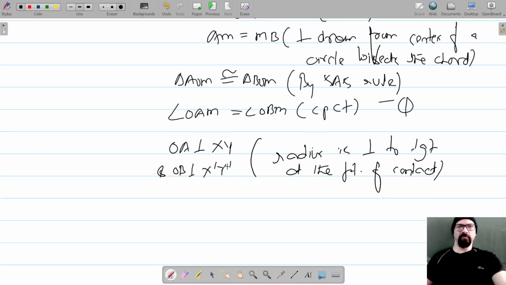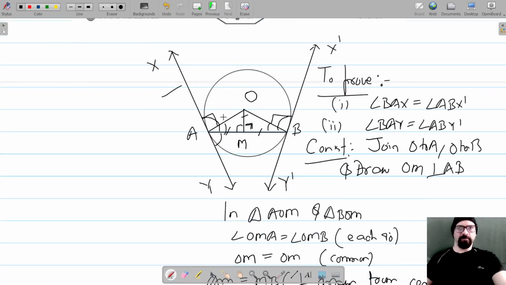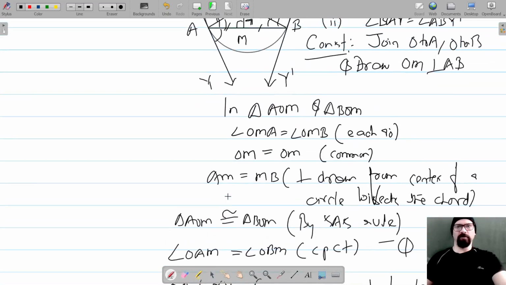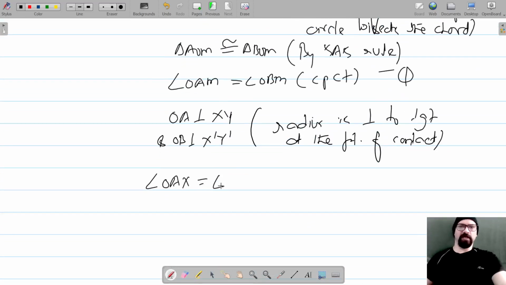Let this be our result 2. Okay, and these are perpendicular, so that means angle OAX is equal to angle OBX', the reason being both are 90 degrees.